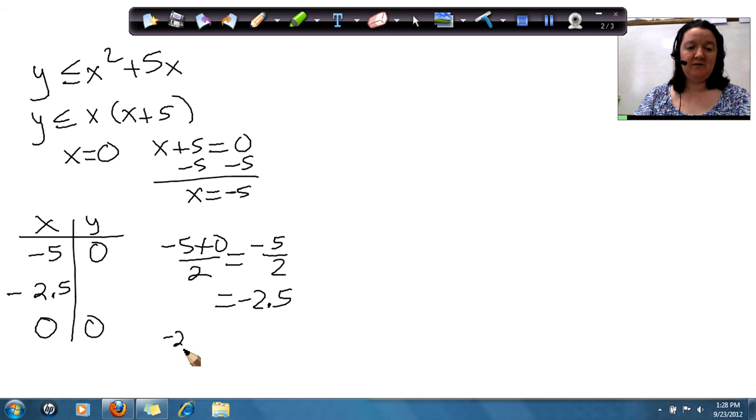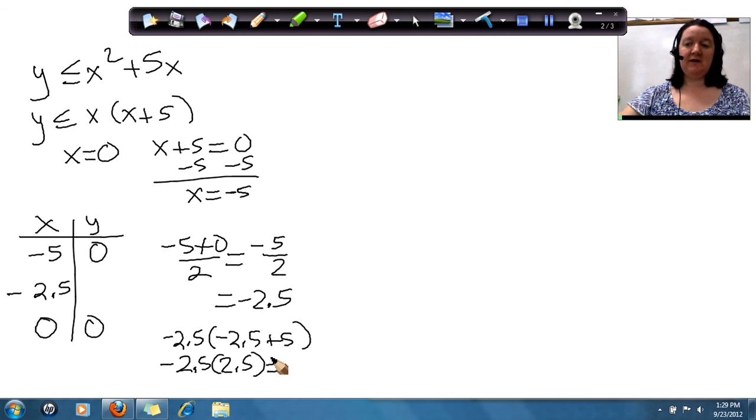If we take negative 2.5 multiplied by negative 2.5 plus 5, that's the same as taking negative 2.5 times a positive 2.5, and when we multiply those numbers together, we get 6.25. It'll be negative 6.25.